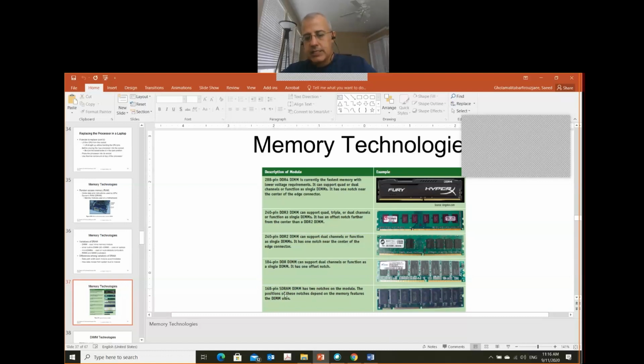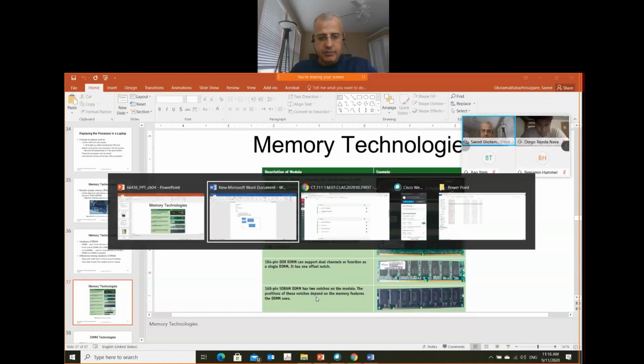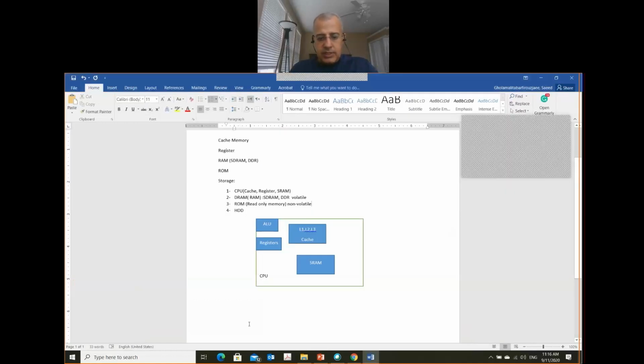Okay, it synchronously transmits information, but DDR means double data rate. For example, if SDRAM works with 130 megahertz, DDR works with twice the speed of the regular RAM. So the difference between SDRAM versus DDR RAM.